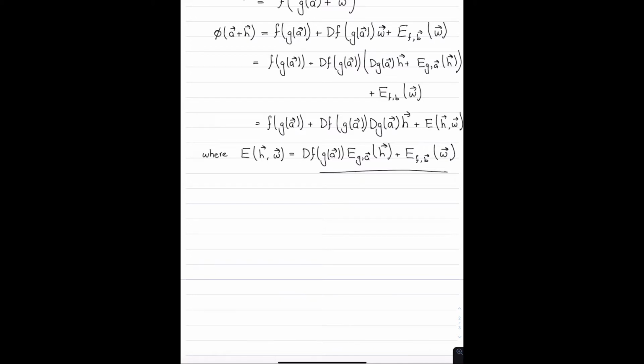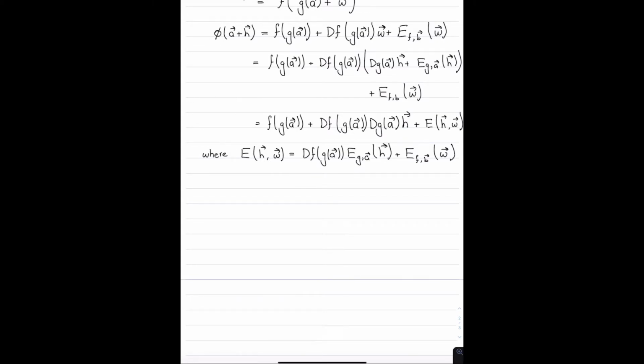It's very easy to show that the limit as vector h approaches the 0 vector of e of h comma w divided by the norm of h goes to 0. And it's very easy to show that for one of these terms, the other one actually requires some work. This one is easier to show, so let's just begin with it.